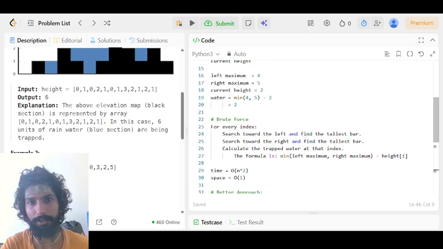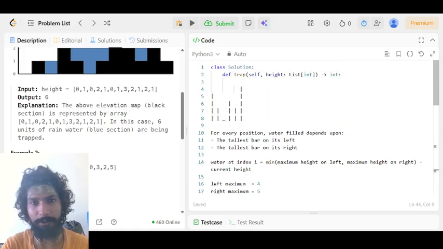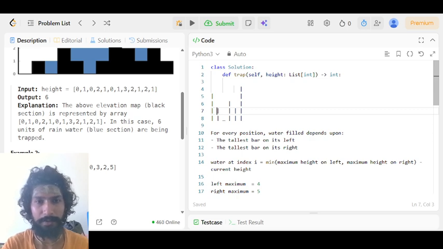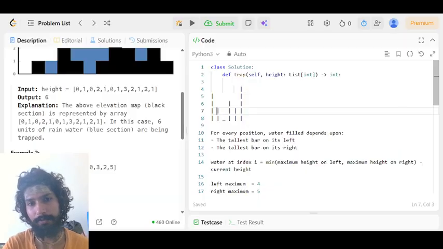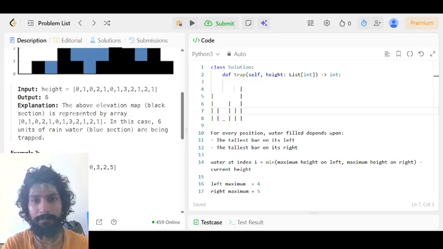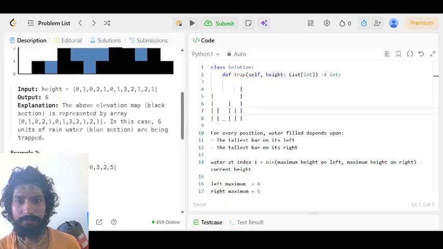So when the left bar, this at index 1, is shorter than the previous left bar, then we don't need to maintain this. We just need to maintain the tallest from the left side, and similarly for the right side. Therefore, we always proceed the shorter side.